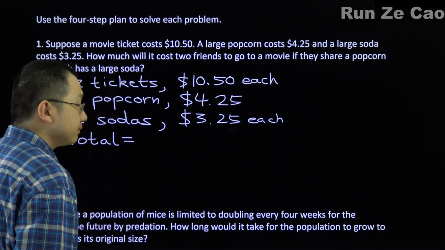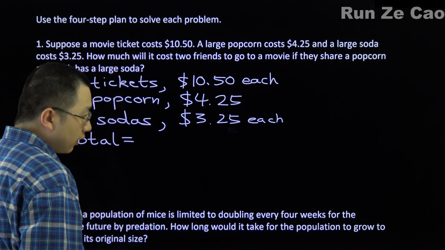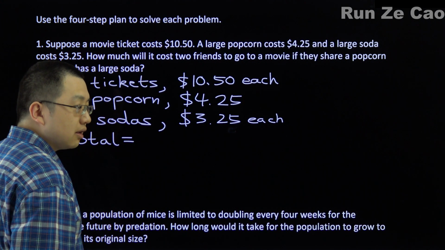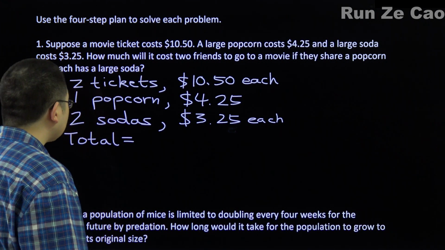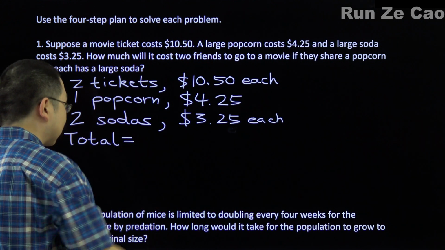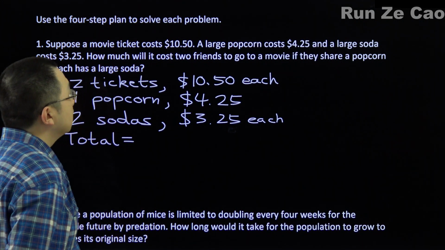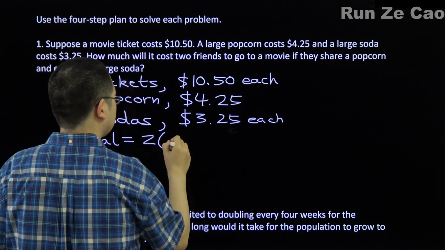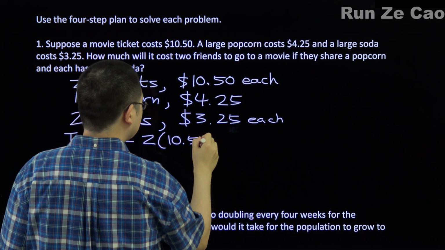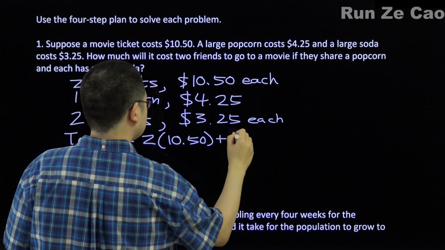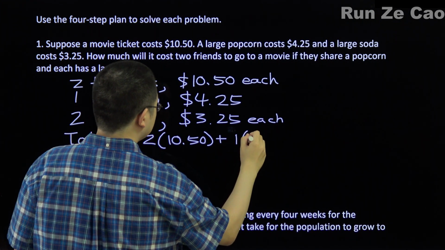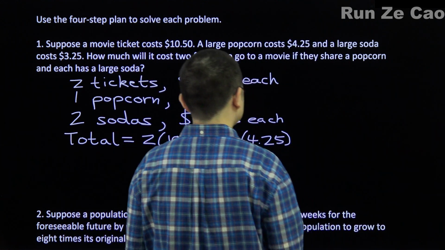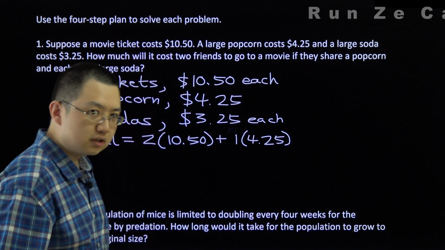And explore, plan. Well, okay, it's pretty obvious what we have planned. You multiply these things and add them up. Solve. 2 times 10.50 plus 1 times 4.25 if you want to be showing everything.